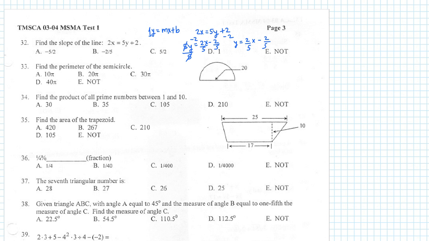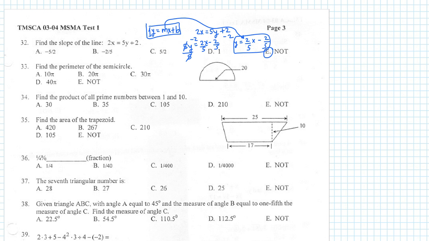Now let's compare this equation with the standard form of the equation y is equal to mx plus b. So clearly m in this case is equal to 2 over 5. So that would be our answer. So looks like none of the first 4 choices matches with 2/5, so we will select E as the answer.